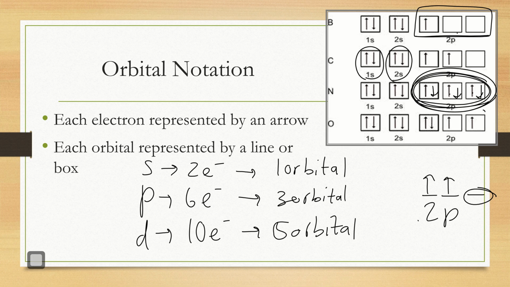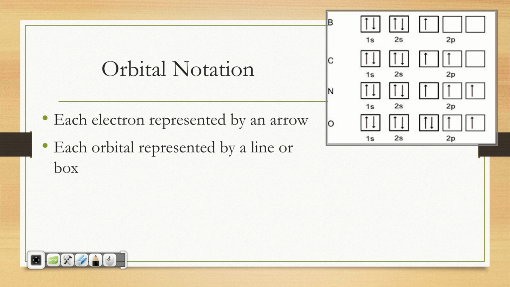The last thing to notice is that when you place electrons together in the same box, the arrows have to be opposite: one pointing up and one pointing down. There are specific names for all these rules. We're not covering those in detail, but if you want to look them up, they're Hund's rule and the Pauli exclusion principle.